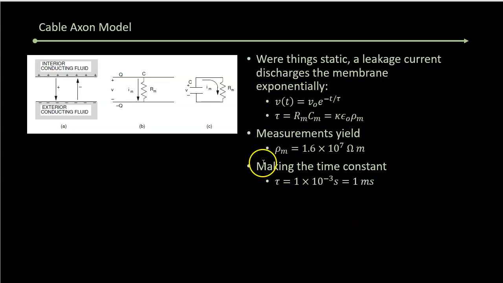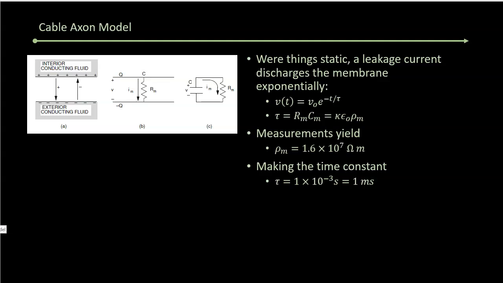That means it's down to about a third after 1 millisecond, down to about a ninth after 2 milliseconds. This is if things were static, but things aren't static.